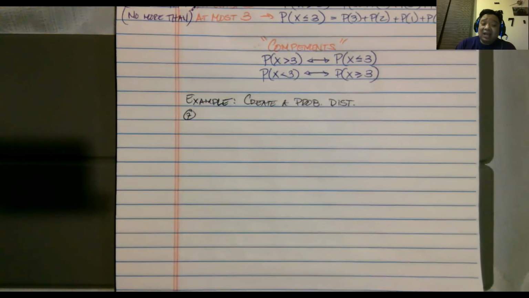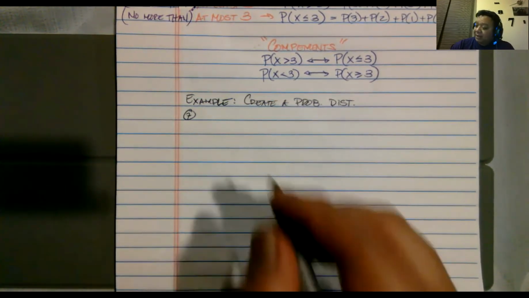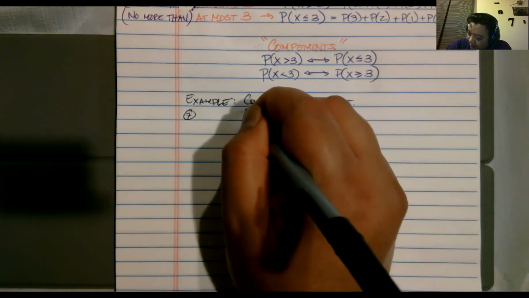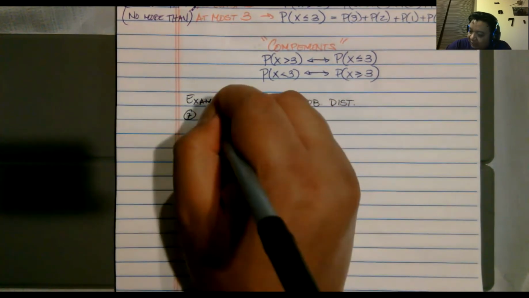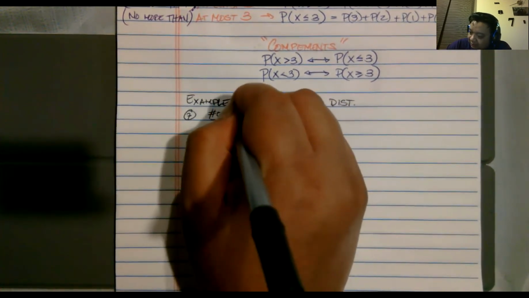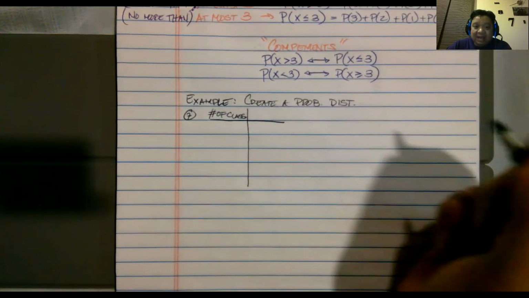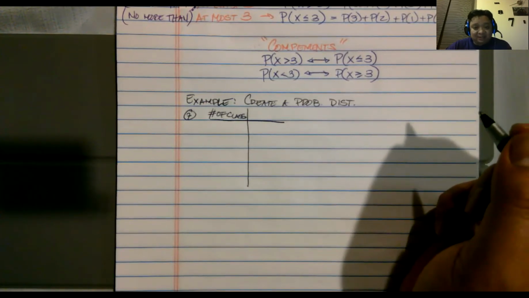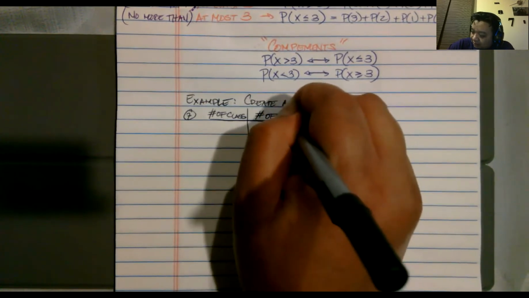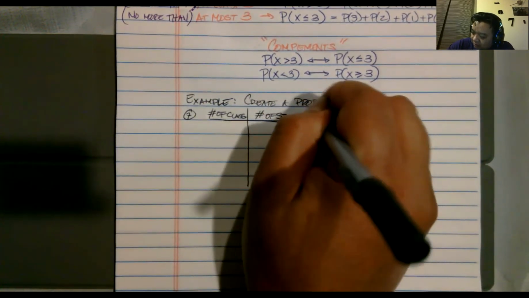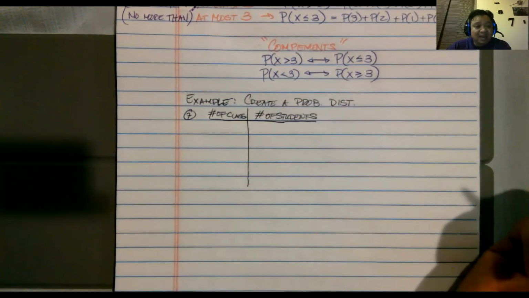So suppose I have the following frequency distribution. Here I have the number of classes a student is taking, and this is the number of students that are taking those classes.